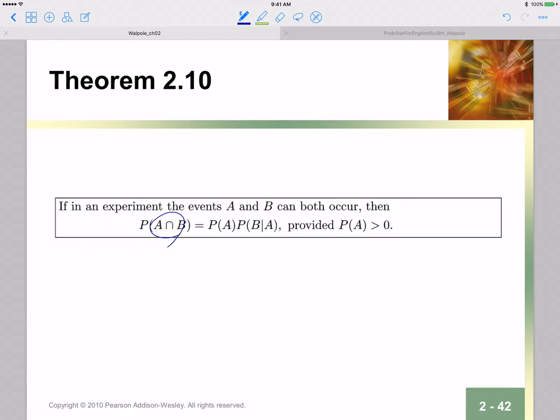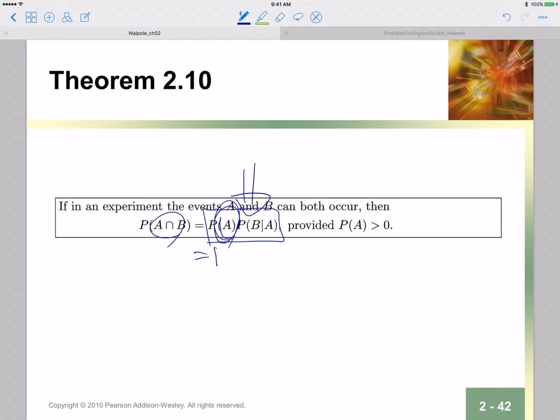And then we consider the intersection, the case where A and B happen simultaneously, and in this case it can be written as this. In this type of equation, we consider the sequence or the order of these two events, A and B. So we can consider that event A happened first. At this moment, we don't know whether B happened or not.